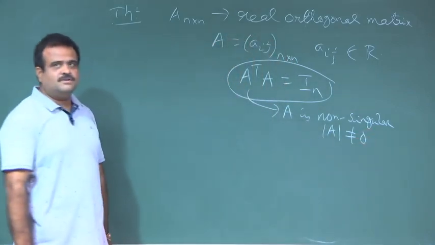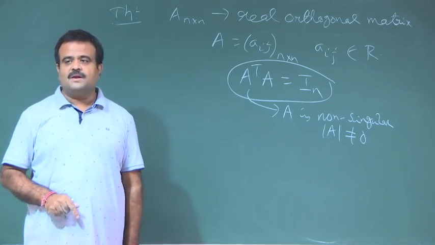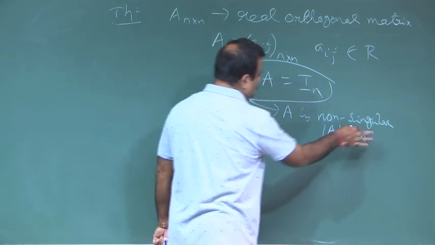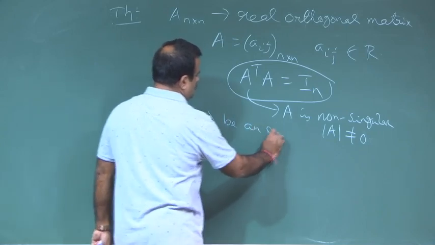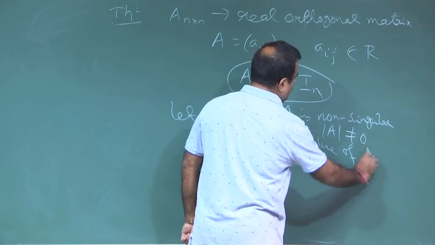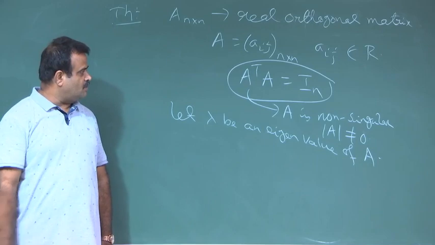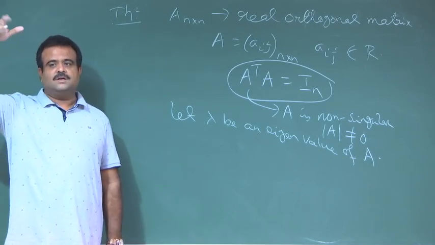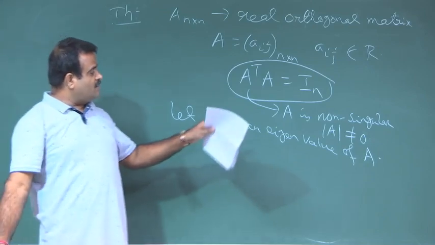Now, once the determinant is not 0, then we know that all eigenvalues are non-zero. So, if you take an eigenvalue, let lambda be an eigenvalue of A, then lambda is not equal to 0, because if lambda were 0, then we know that the product of the eigenvalues is the determinant of A, so the determinant of A must be 0.